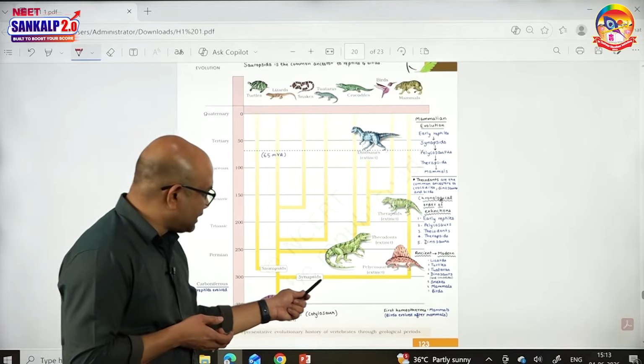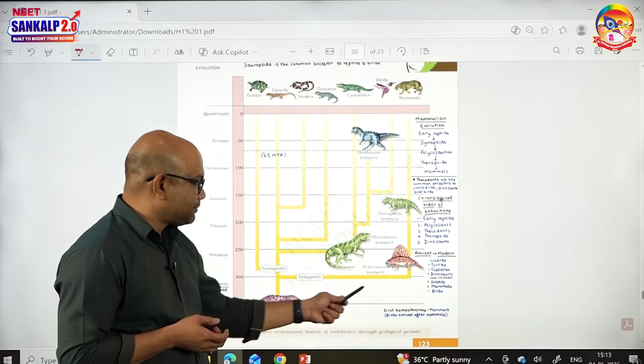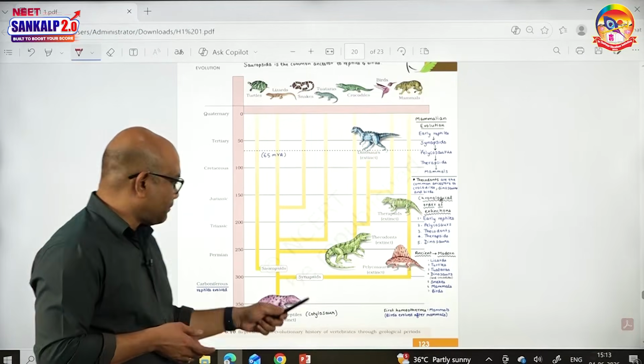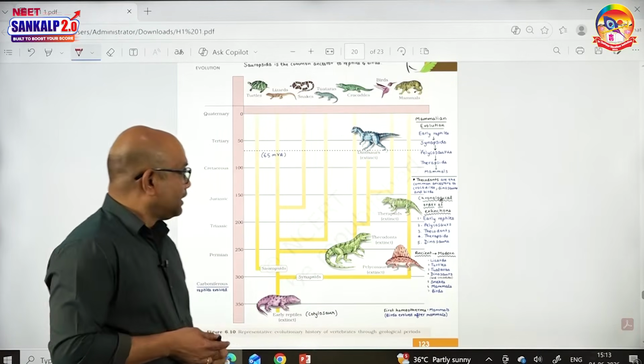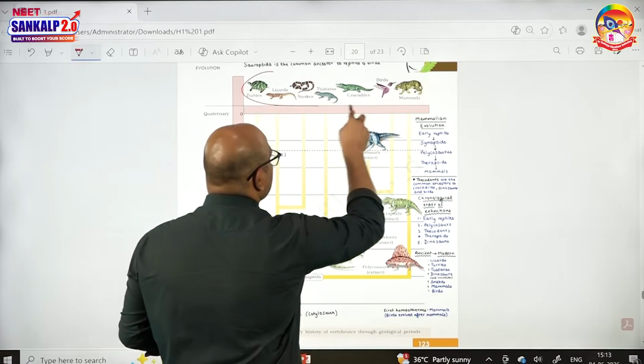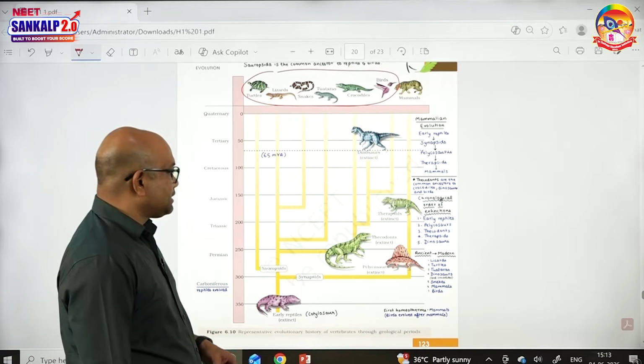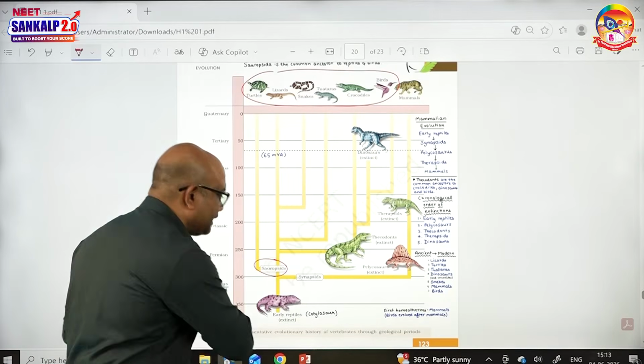If you see the Synapsida yellow line, synapsids to pelycosaurs, therapsids, and they evolved into mammals. From early reptiles mammals evolved. At the top, other than mammals, we have birds and modern reptiles. Birds and modern reptiles evolved from a group called Sauropsida.